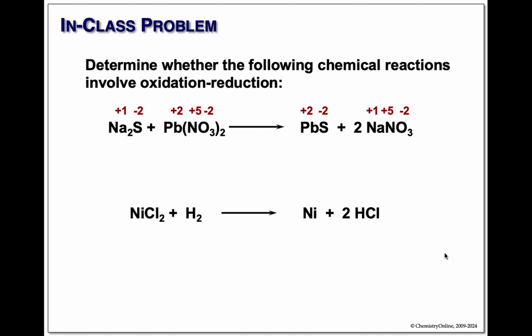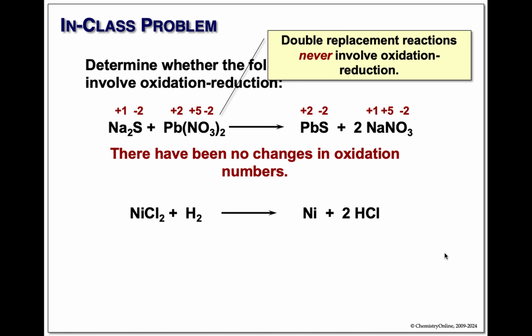So, who has been oxidized? +1, +1. -2, -2. +2, still +2. And that's nitrate. Nobody's been oxidized, have they? This is not a redox reaction. Double replacements are never redox. Just so you know.